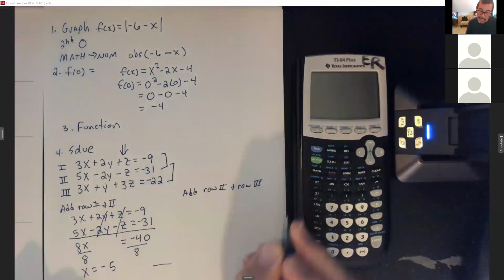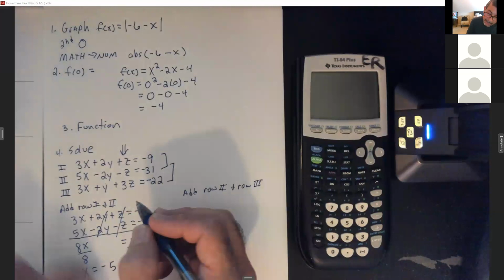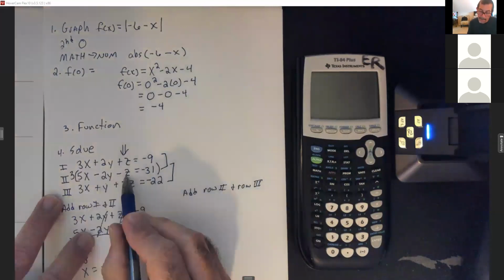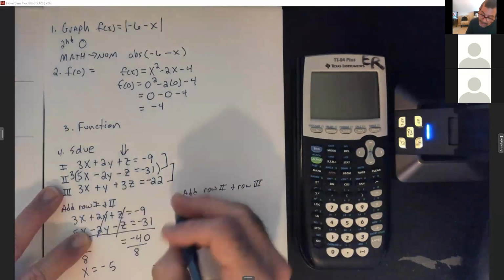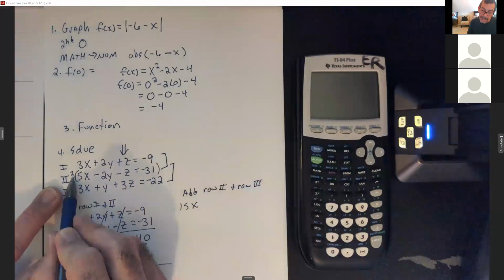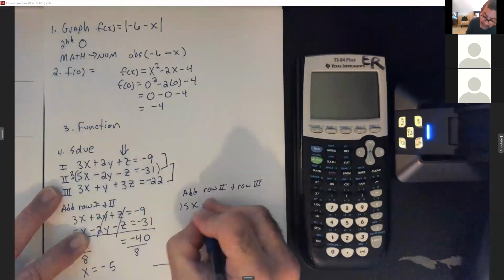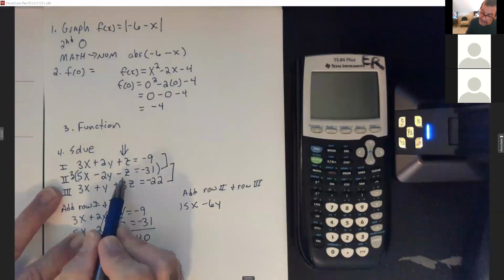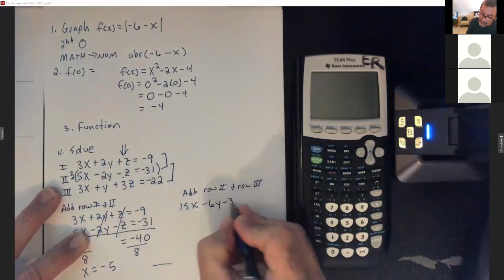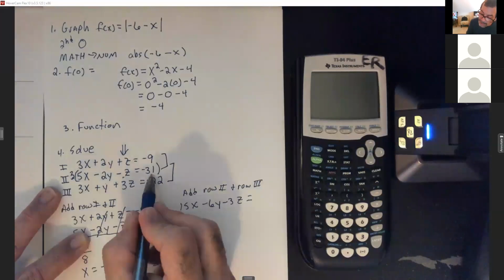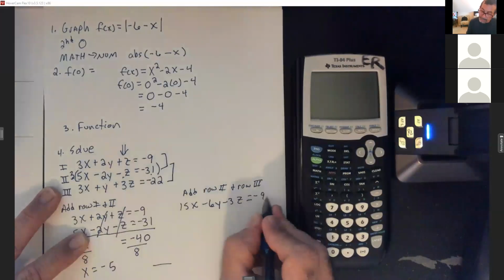But first we're going to multiply row 2 by a +3 to change that number, okay? So 3 times 5 will give me 15x. 3 times -2 gives me a -6y. 3 times -1z gives me a -3z. And then 3 times -31 gives me a -93.